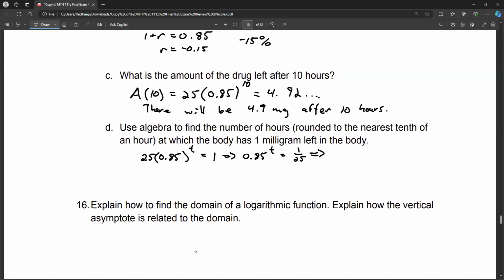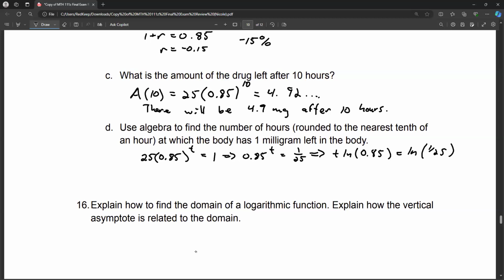So I'm going to take the natural log of both sides of this equation. That will bring down the exponent t to be the coefficient of the natural log of 0.85, which in turn equals the natural log of 1 over 25 as well.